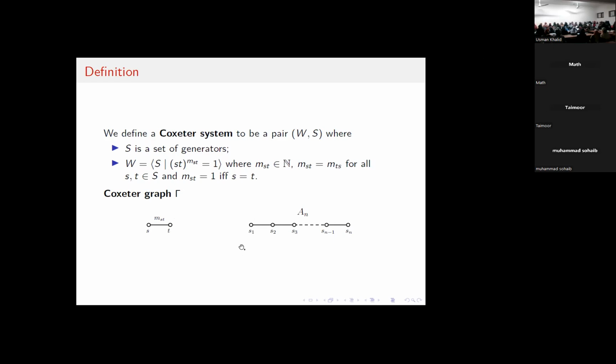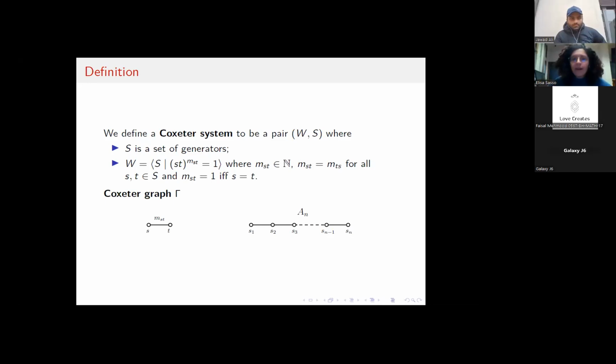It is equal to 3 because if it was bigger than 3, we would have labeled the edge with that number. So if the edge is not labeled, it means that the m value is exactly 3. Otherwise, it is the number that we write on the edge, okay? And another thing is that S1 and S3 are not joined by an edge. It means that the m value between these two is equal to 2.